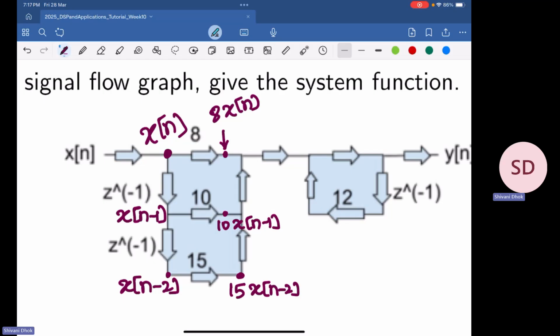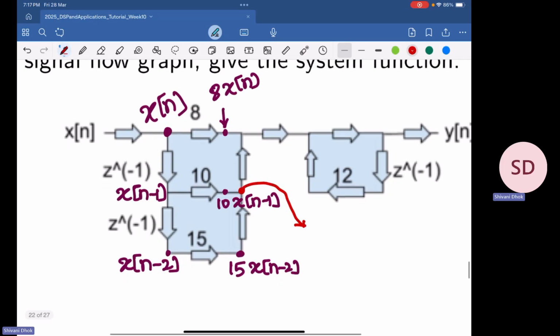Now this 15 times x of n minus 2 goes here and gets added with whatever we have obtained here. So at this point, we will have the addition of whatever is available here and whatever is available here. What do we get? We get 10 times x of n minus 1 plus 15 times x of n minus 2.